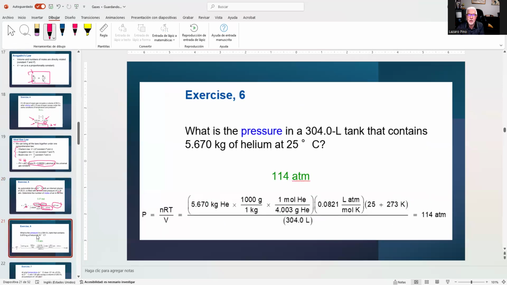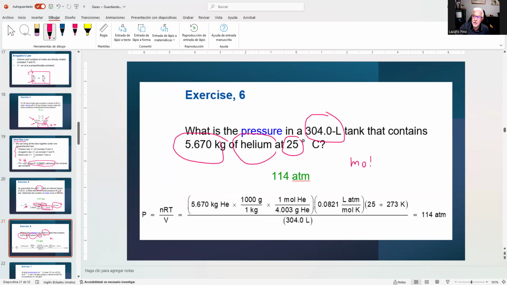Here we have another exercise. What is the pressure of a gas with this volume that contains this mass, and it is helium, and this is the temperature. Well, in this case, you don't have moles.